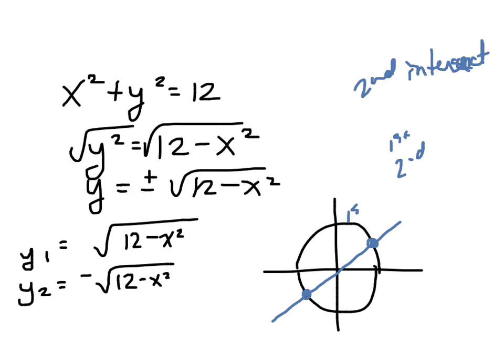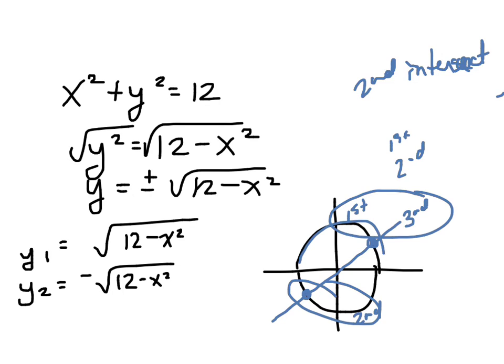Well, the first curve is the top half of the circle, the second curve is the bottom half of the circle, and the third curve is the line. So you want to go first and third, and you want to go second and third. When they ask you first curve, if you're on the top half of the circle, hit yes. Then it'll ask you second curve, and it'll put it in the bottom half of the circle. Then use your down arrow and maneuver to the line.